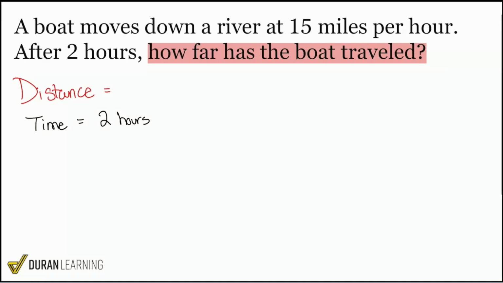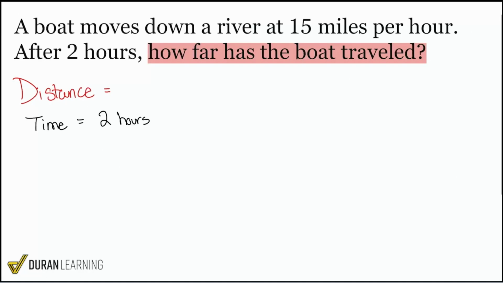Now up next, in that first sentence, we see that we have a boat moves down a river at 15 miles per hour. Everybody, what are we looking at with the 15 miles per hour? And how do we know? Come on, support your claim. Give me a reason. Prove yourself. Jaslyn, shout out.